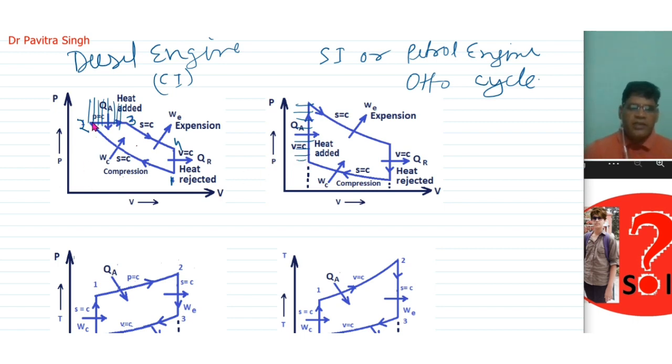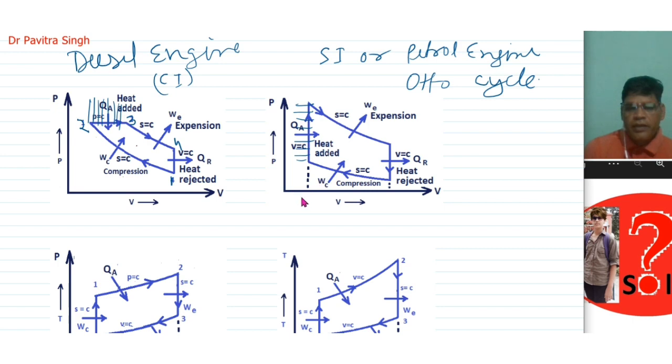Because in the case of the diesel engine we compress only air in the combustion chamber, and due to high pressure, temperature is also very high, then we inject the diesel, which will be ignited in this combustion chamber. But in the case of the petrol engine, we have to compress an air fuel mixture during the compression process.